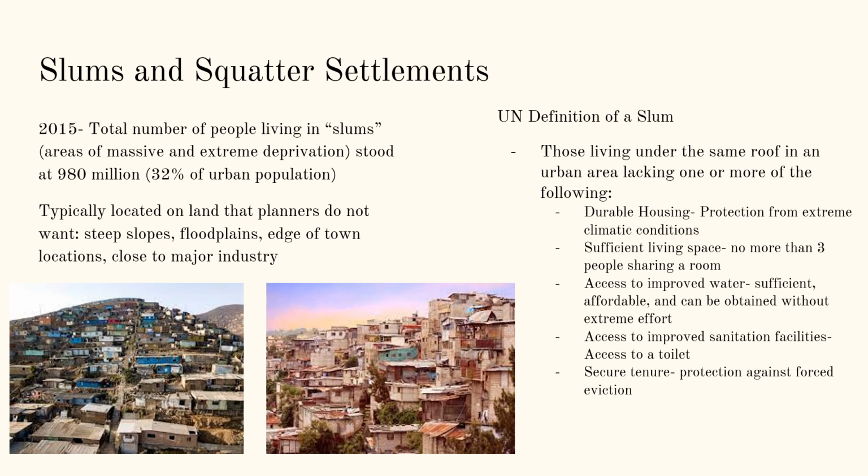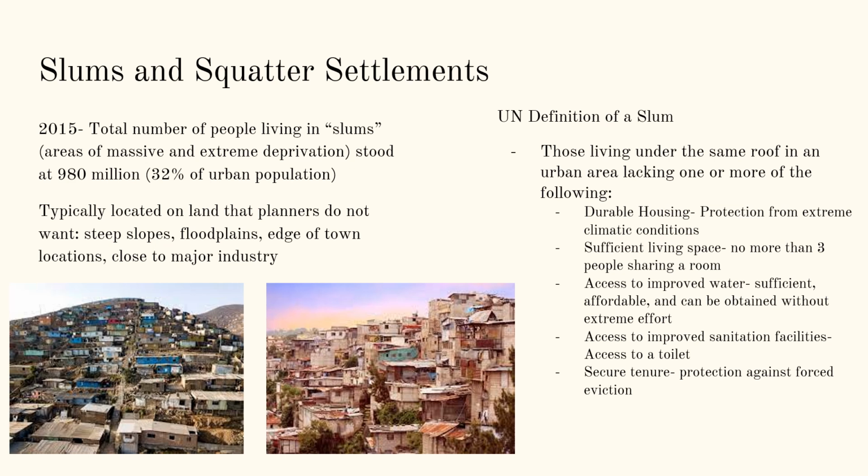And so in 2015, the total number of people living in slums stood at about 980 million people. So about 32% of the world's urban population were living in what is considered slums. And the UN defines a slum as lacking one or more of the following things.